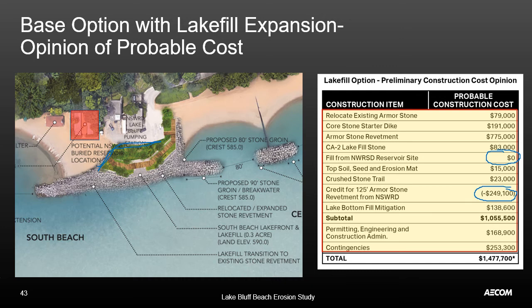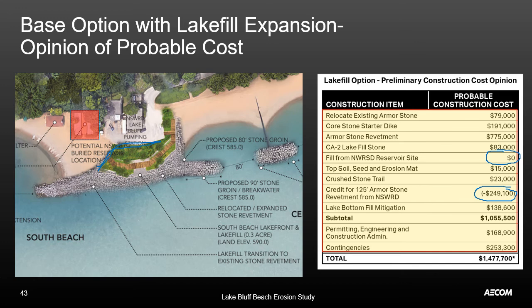So this option was investigated with the thinking that perhaps there was a win-win situation here where some additional park could be constructed as a trade for using the fill from this site. But as it turns out, we can only use so much of that fill because any of the fill below the water has to be a crushed stone.